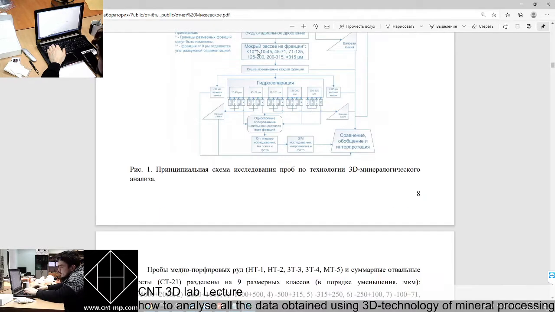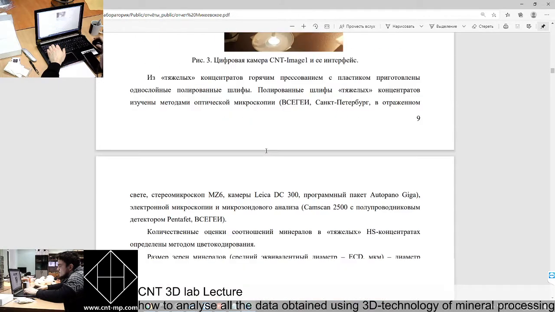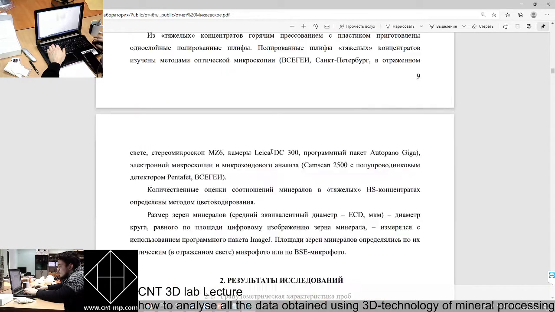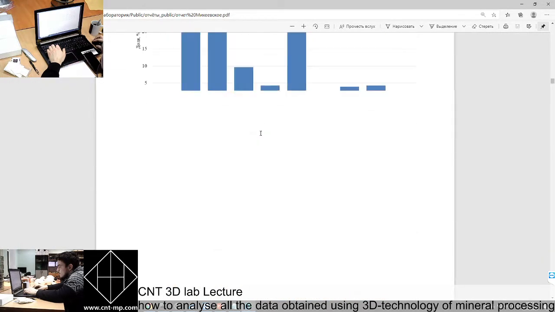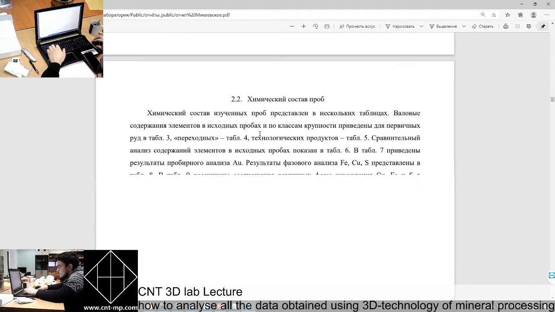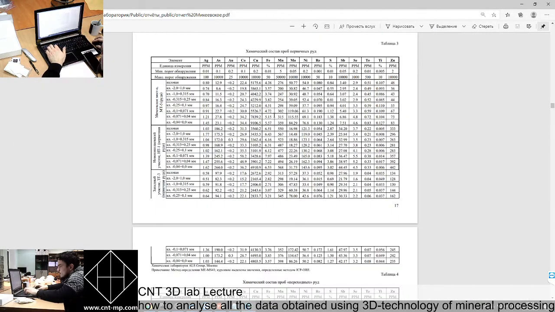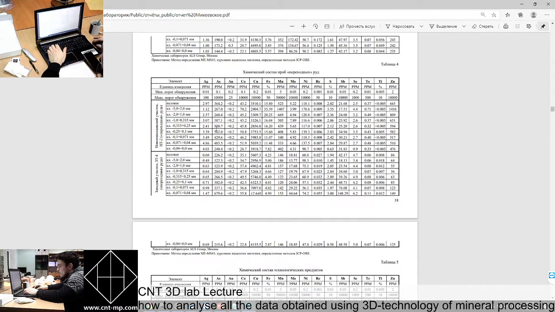So this is a standard scheme of our investigations. Photo of sample preparation, tables, histograms, a lot of histograms, chemical composition. You see, this is one of the best chemical composition tables we've ever done.